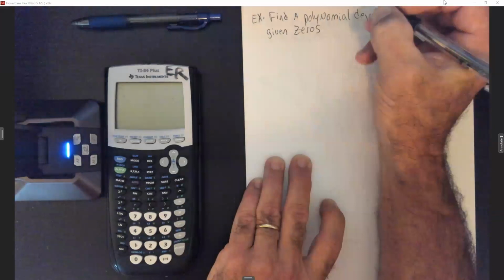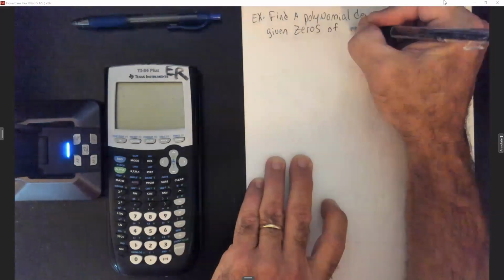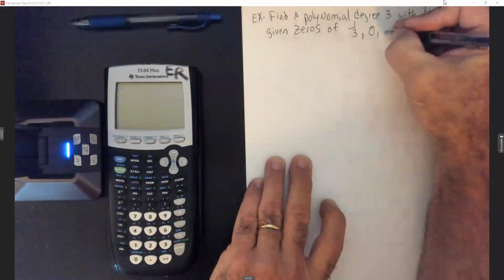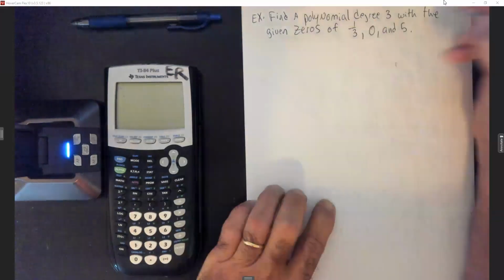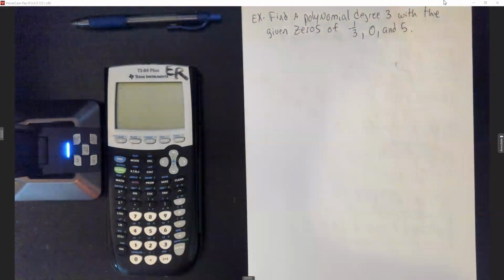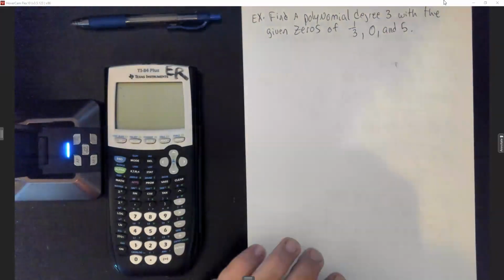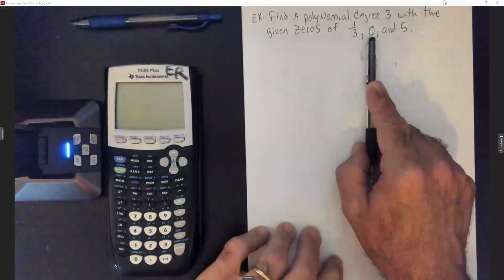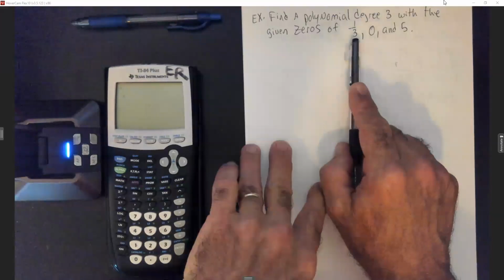And those are going to be negative 1/3, 0, and 5. So I know when I'm done, I'm going to end up with an x to the third on these. Now, y'all, I'll tell you something. Zeros are my favorite zeros because those are the easiest to do. That 1/3 might be a little tricky, but not too bad.